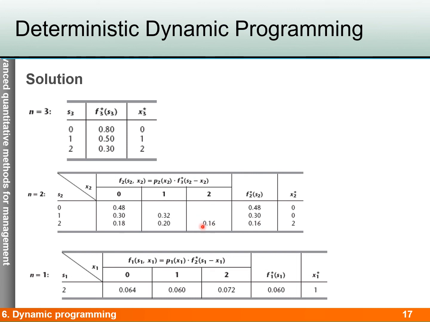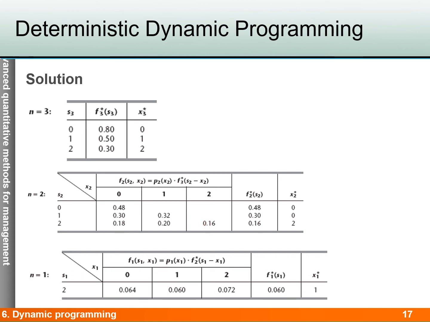So the 2 for team 2 is 0.2, and nothing for the third research team is 0.8. So 0.8 multiplied by 0.2 gives us 0.16.